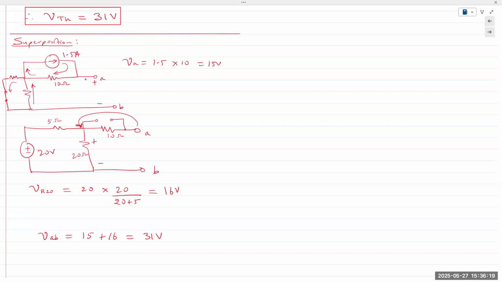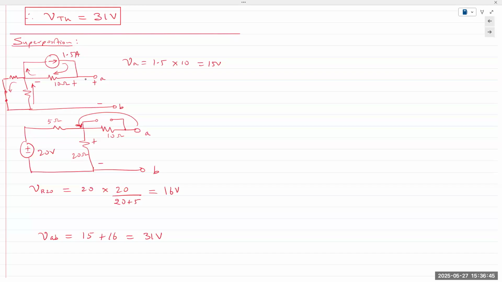And so, as we spoke about previously, the 1.5 amps is going through the 10 ohm resistor. It's not going anywhere else. And it's going through, and it causes a voltage drop in this direction.